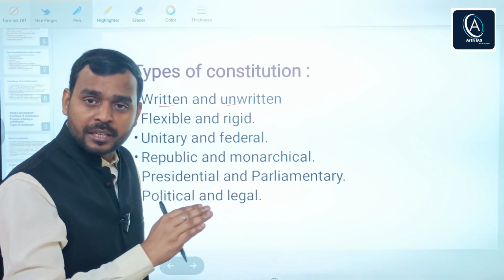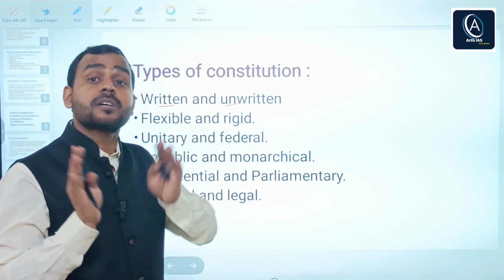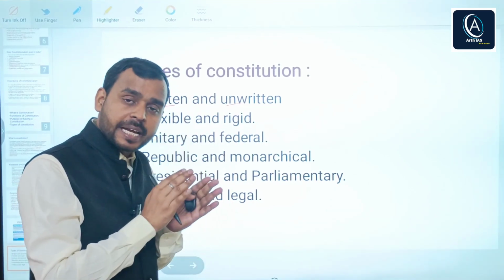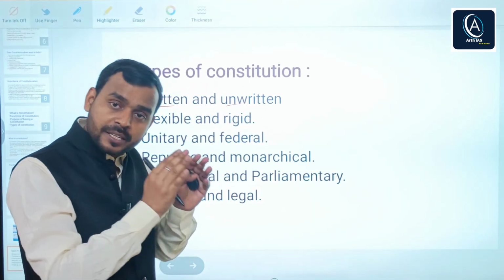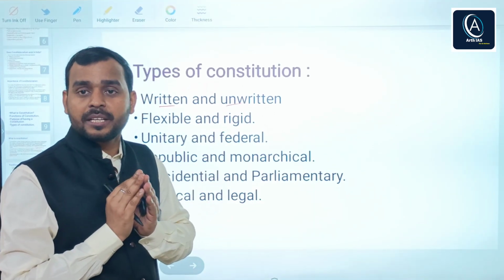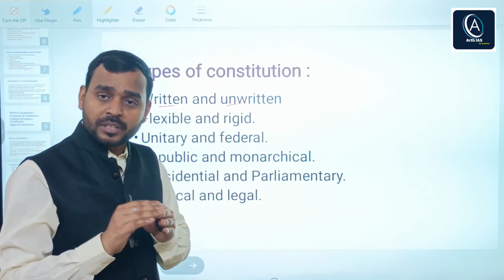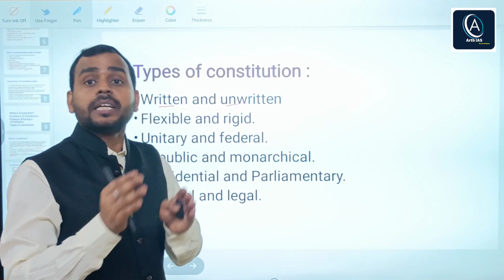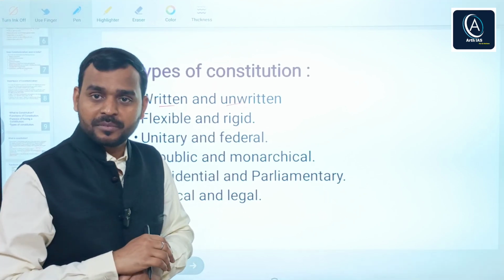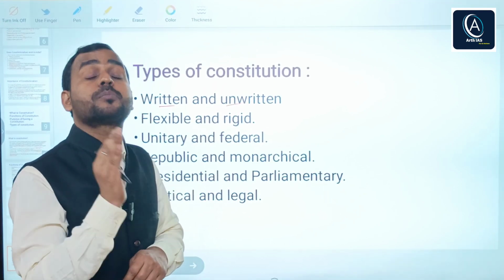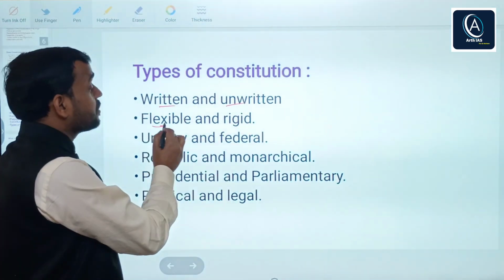For example, Britain has an unwritten constitution. In spite of that, some of its provisions, certain acts, bills or conventions are considered part of the constitution. India has a written constitution, but in spite of that, certain provisions have been included over a period of time, and certain provisions have also been deleted.